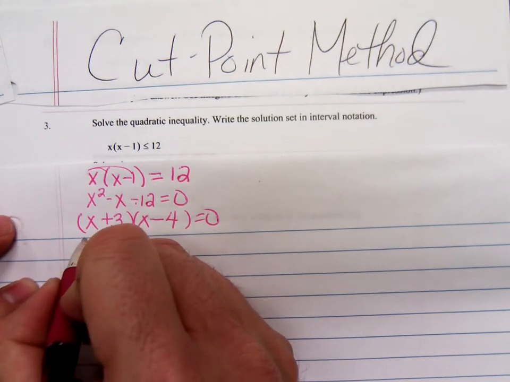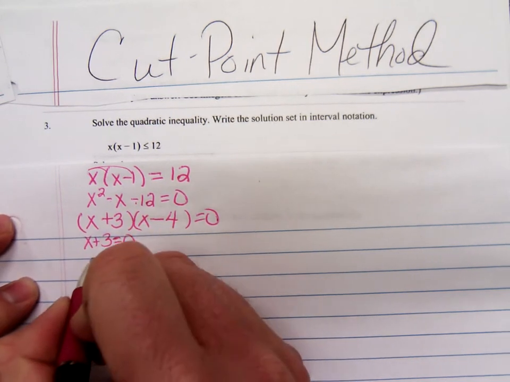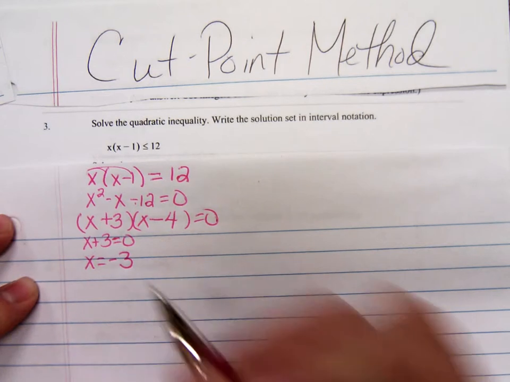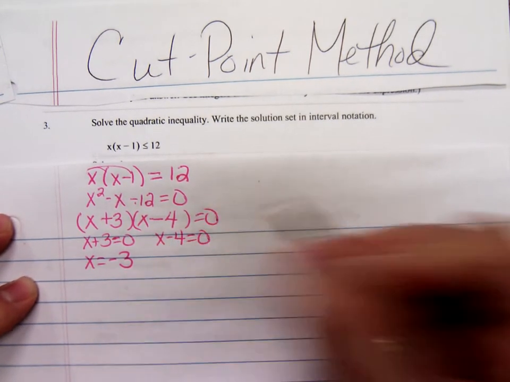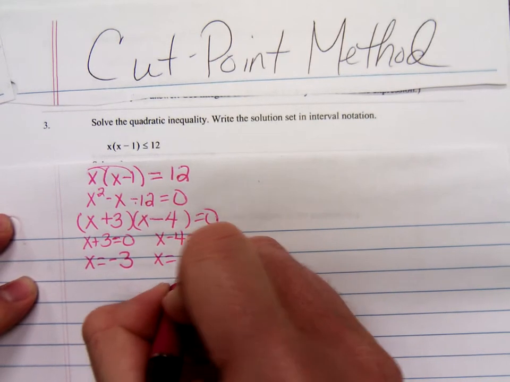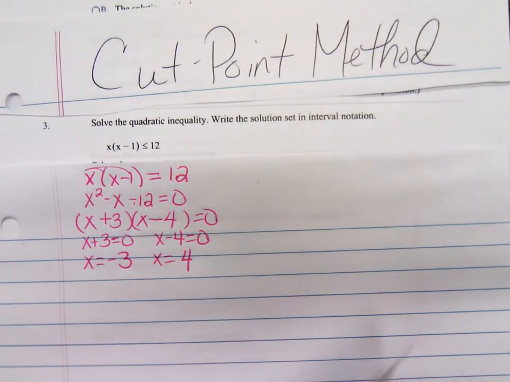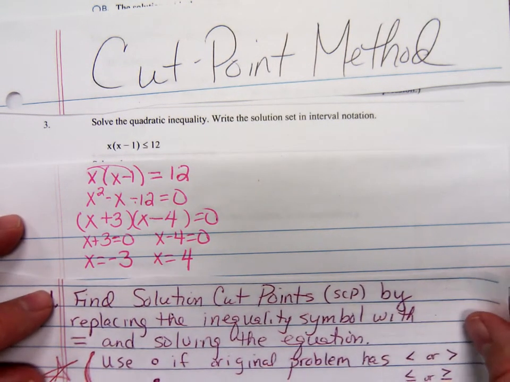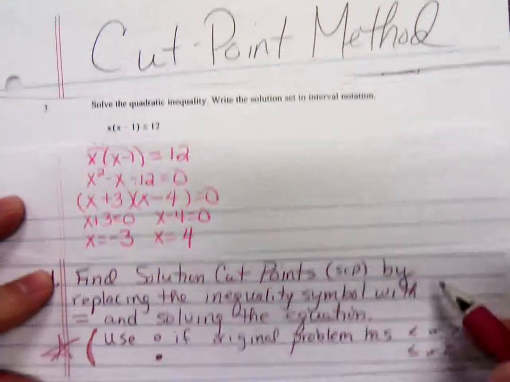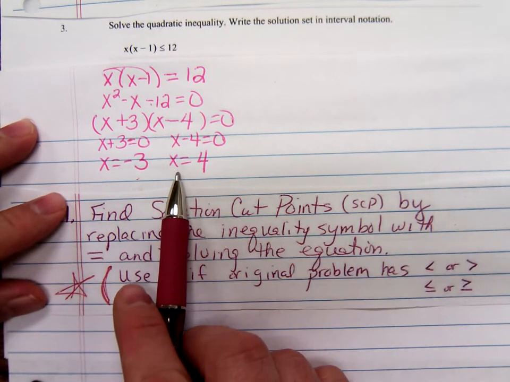Now set each one of these to 0. When you set x plus 3 to 0, move that 3 over, you get x equals negative 3. When you set x minus 4 to 0, you get x equals positive 4. So we've just found the solution cut points, negative 3 and positive 4.